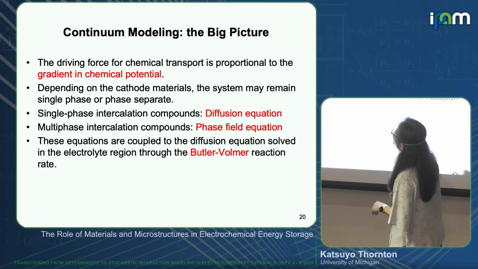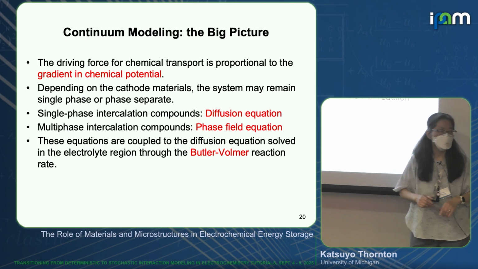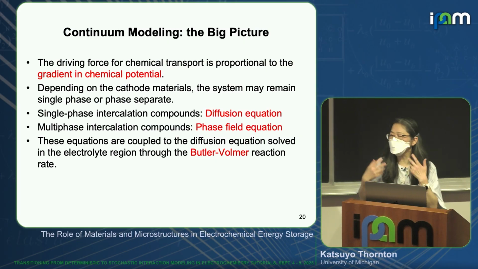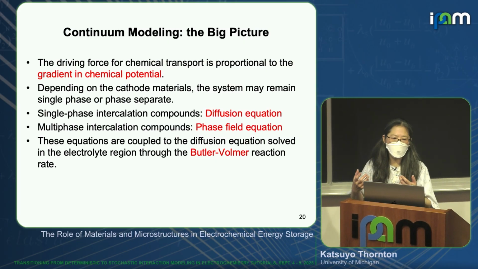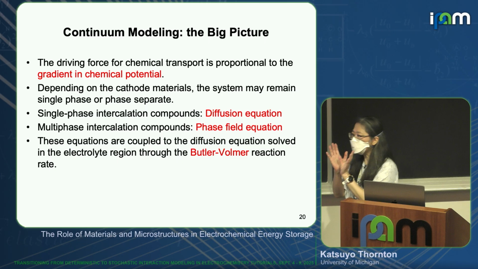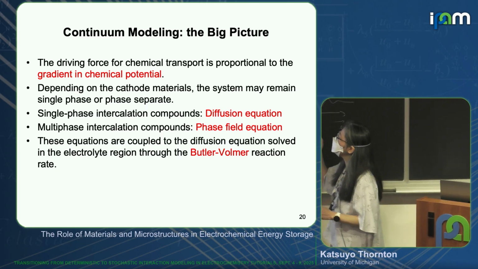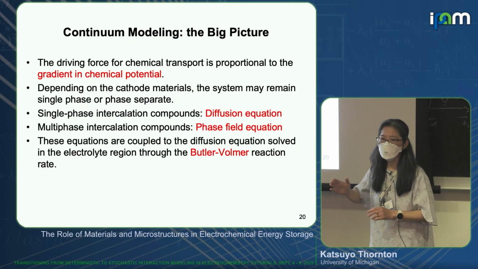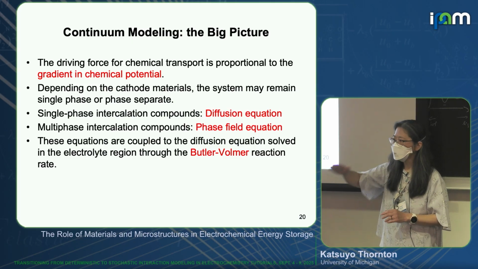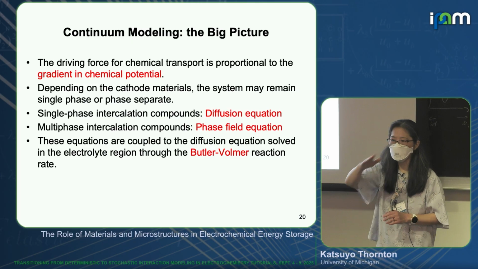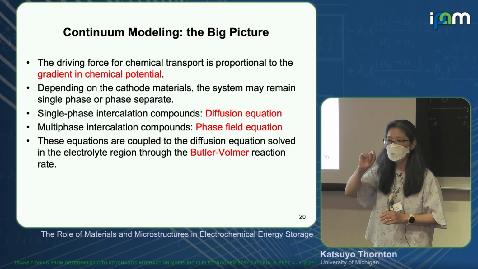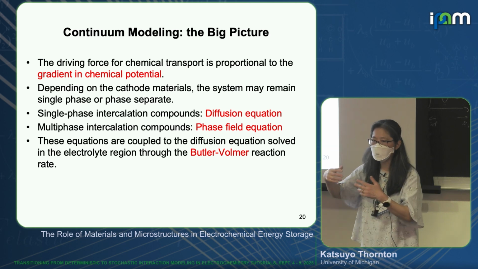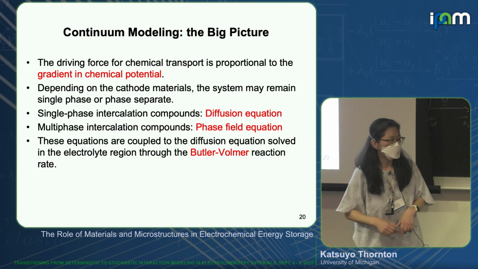So the driving force for chemical transport can be described in terms of the chemical potential, and the driving force itself is proportional to the gradient in chemical potential, so how it changes in space, basically d chemical potential dx, where x is the position.